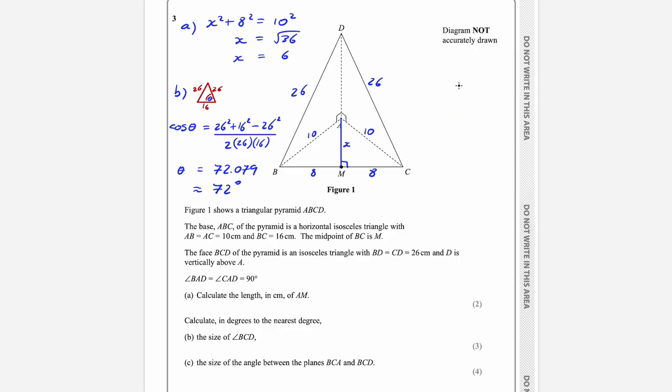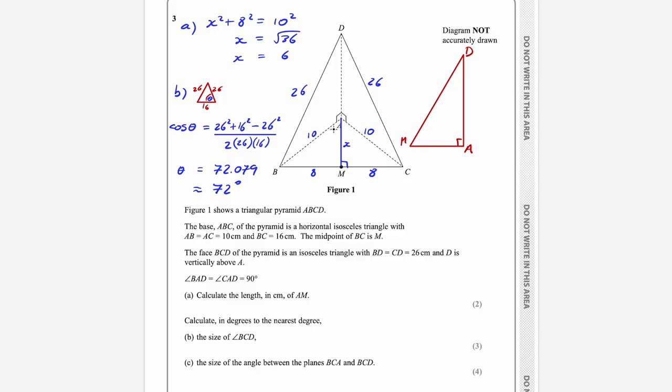Looking at it from here, you would have D. Let's hope that's a decent triangle. Okay, good. This is D at the top, and then A is here, and M is there, and this is a right angle. So we're looking for that angle there.